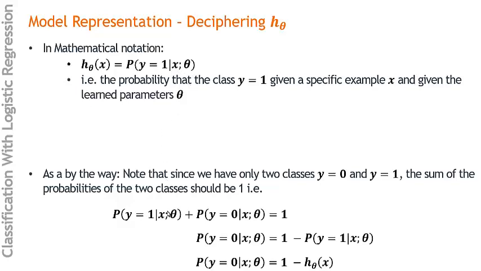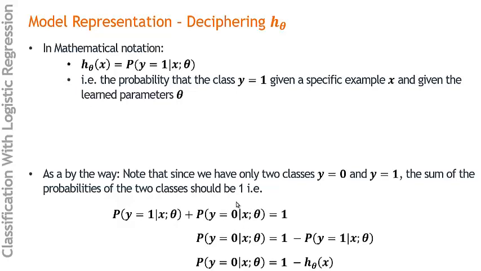Now, if my feature value is x and my parameters are theta, there are only two possibilities for y. Either y equals 1 or y equals 0. So we can write this equation here. Notice the condition x, theta is the same in this term and in this term.